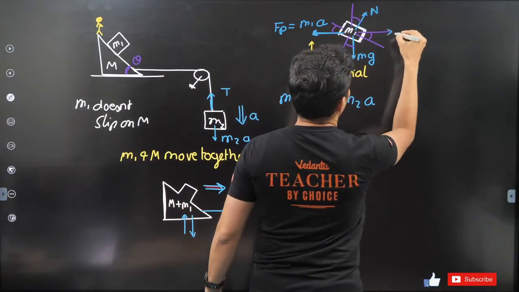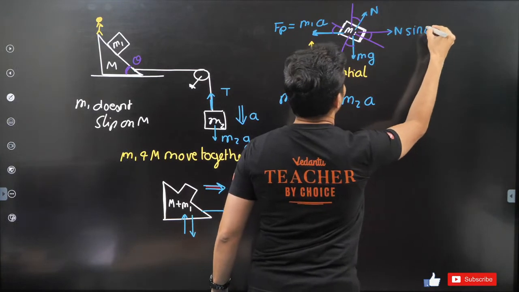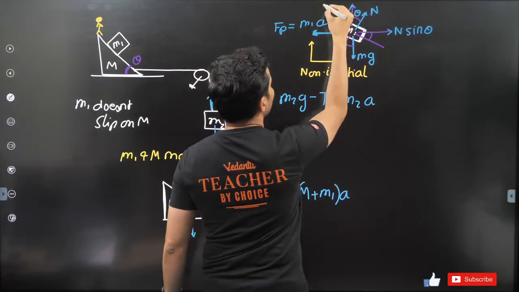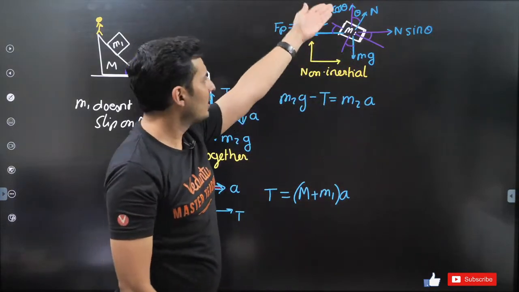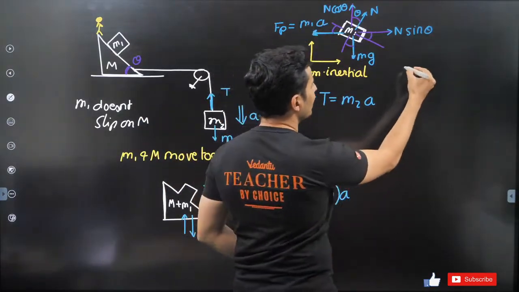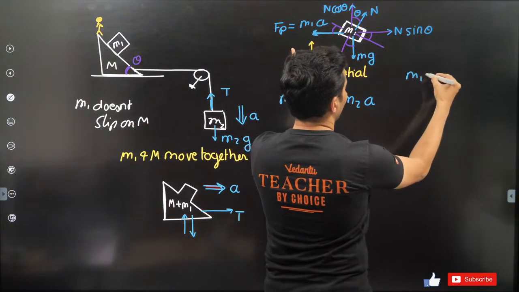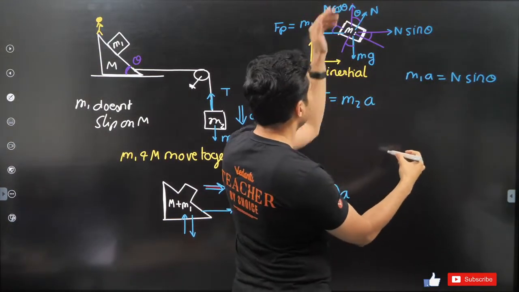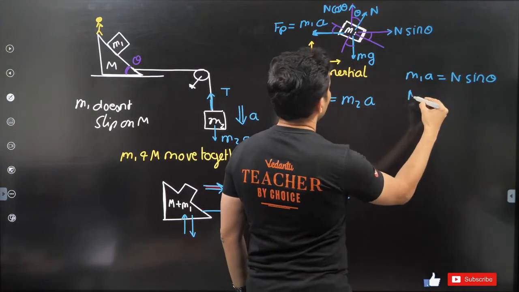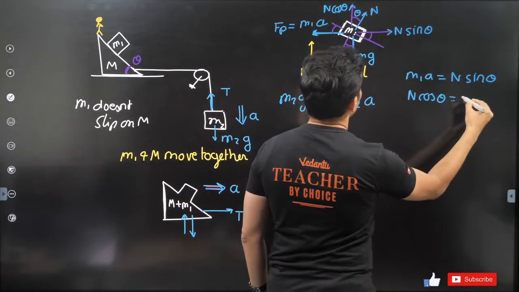One is N sine theta, and this is basically N cos theta. So you can make whatever equations you want. In the horizontal direction, you can say m1a is equal to N sine theta, and in the vertical direction you can say N cos theta is equal to mg.